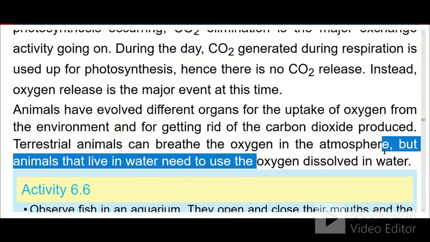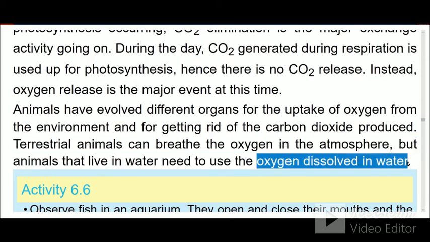Now the amount of oxygen in water and the amount of oxygen in the atmosphere is totally different. In the atmosphere you get a major amount of oxygen, the second largest gas present, while in water it is in very small proportion. So fishes need to take in more and more oxygen at every second of their time.